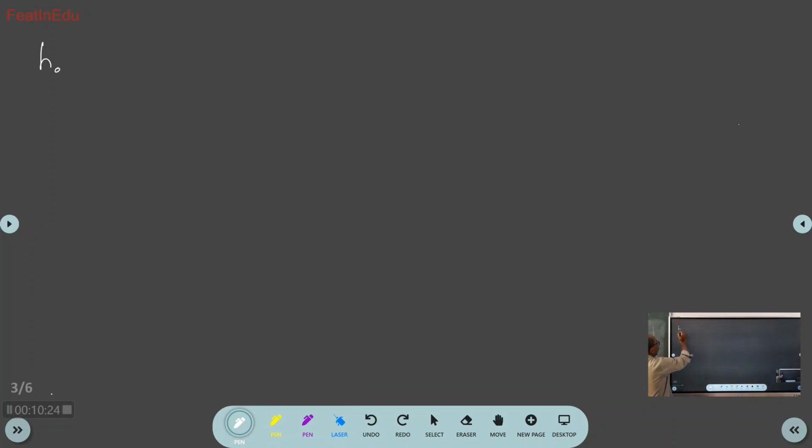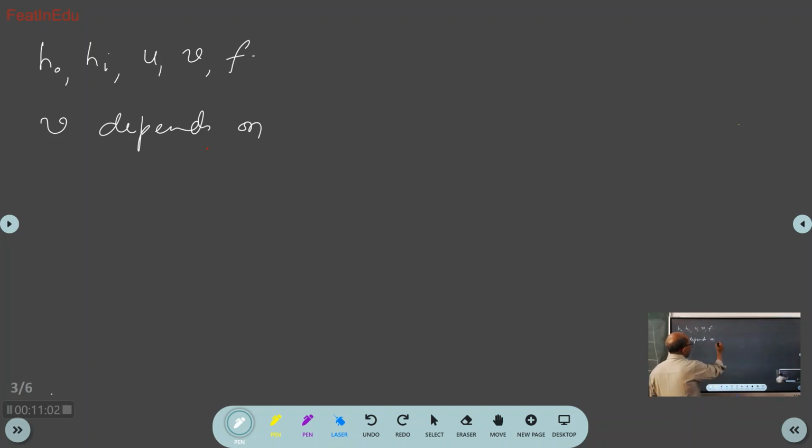There are 5 quantities: HO, HI, u, v, and f. Now, from whatever experiment we have done, both the practical experiment and the theoretical experiment, what we have found is that v, the image distance v, depends upon u and f.